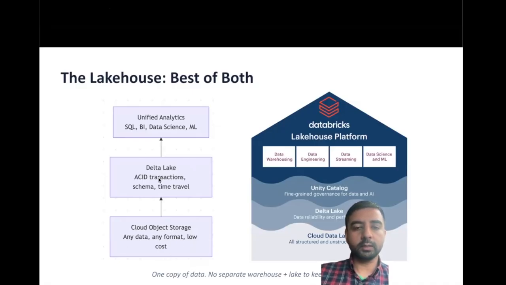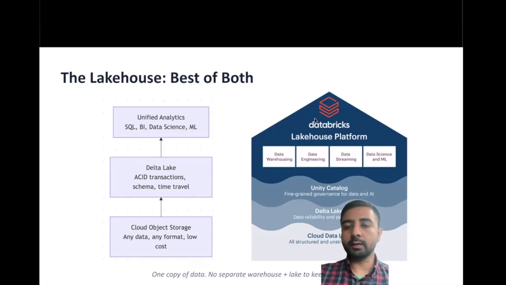The next one is the Delta Lake, which supports ACID transactions, and it adds reliable transactions, a defined structure, and the ability to look at older versions of the data. This is called time travel, which is viewing the version history. And the top layer is the unified analytics, which supports SQL, BI tools, data science, and machine learning.